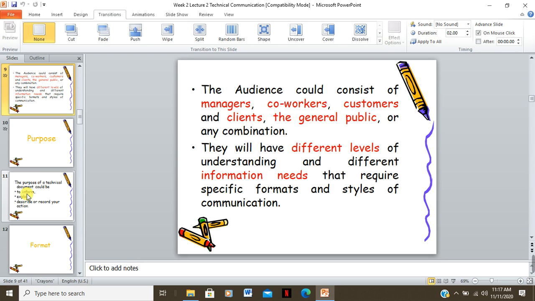Customers and clients. At places, a customer comes and says, for example, I go to a computer shop, and I'm a layman, I'm a client, I'm a customer. I need to replace some things in my laptop, and I also belong to the general public. I'm a person who doesn't know much about computers, he can just use it.